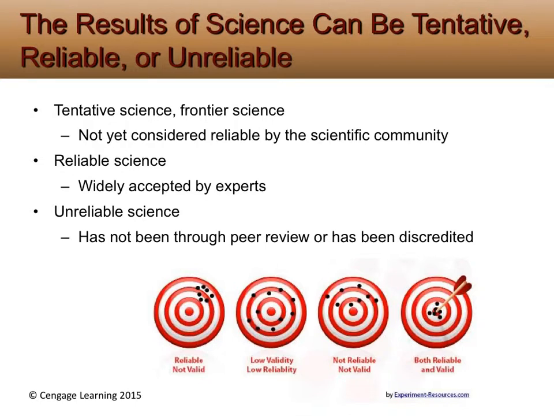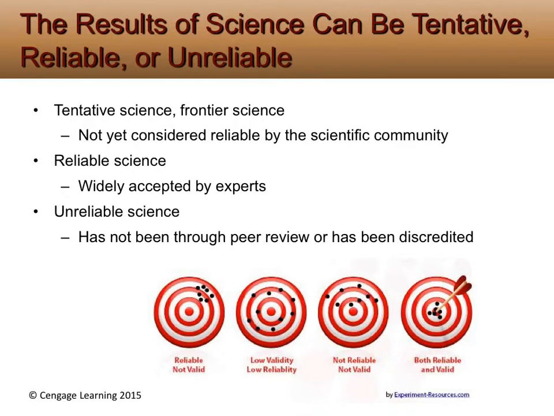There is something called tentative or frontier science. That's kind of new science, not yet considered reliable in the scientific community. Maybe new experiments are going on. And keep in mind that a lot of experiments take a lifetime, if not more than a lifetime. People continue on experiments to see exactly what the results may be. So frontier is kind of new. What's going on at the forefront?